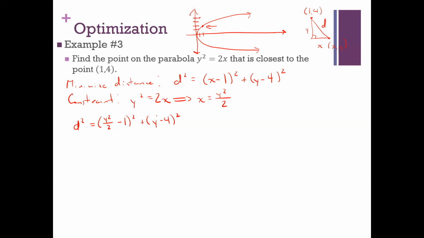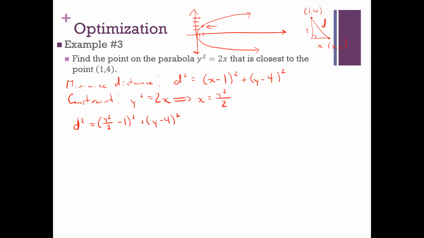All right, so now that I have this, what do I need to do with it? I can take a derivative here. Does it bother anybody the fact that the left-hand side of this is d squared? Or are we okay to work with that?